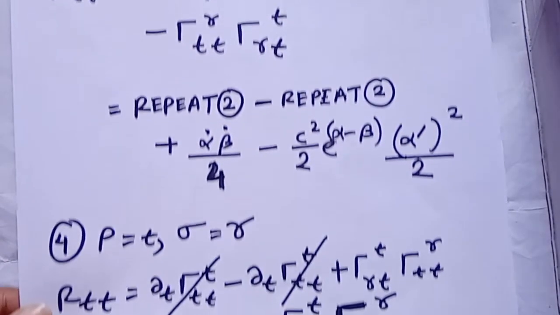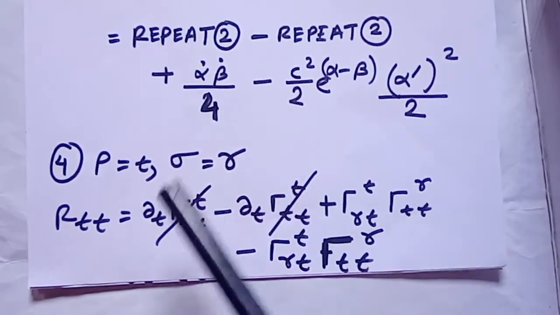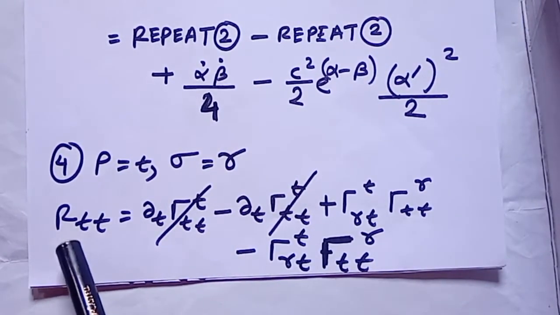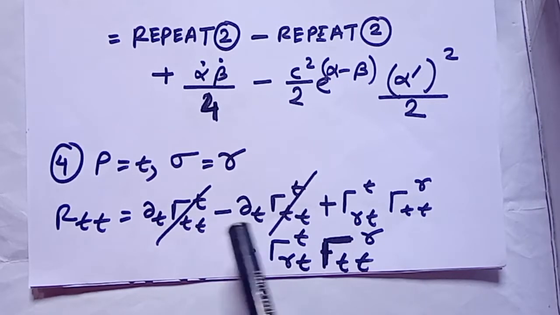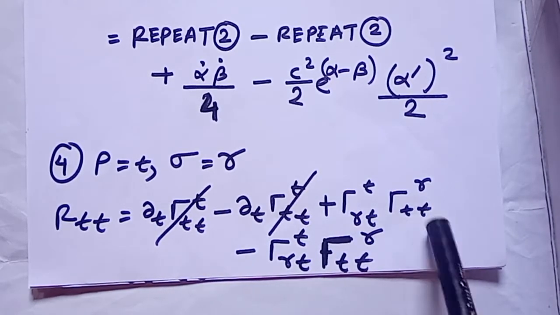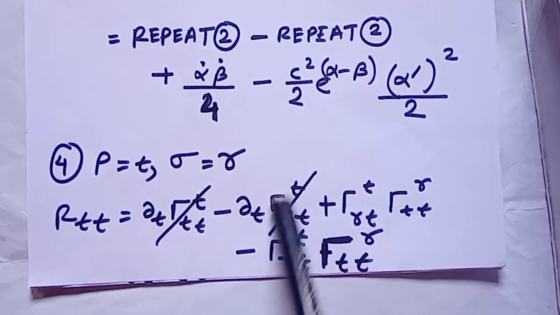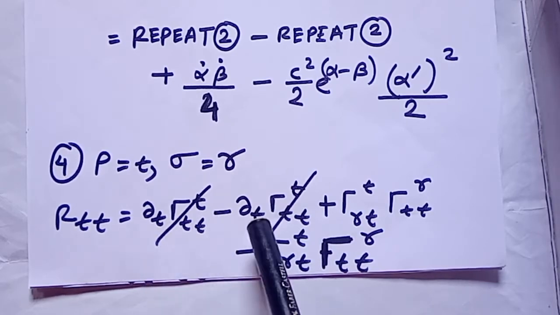Now another combination, rho equal to t and sigma equal to r, and R_tt equal to del_t Gamma^t_tt minus del_t Gamma^t_tt plus Gamma^t_rt Gamma^r_tt minus Gamma^t_rt Gamma^r_tt. These are the same components with negative sign, and they cancel each other.